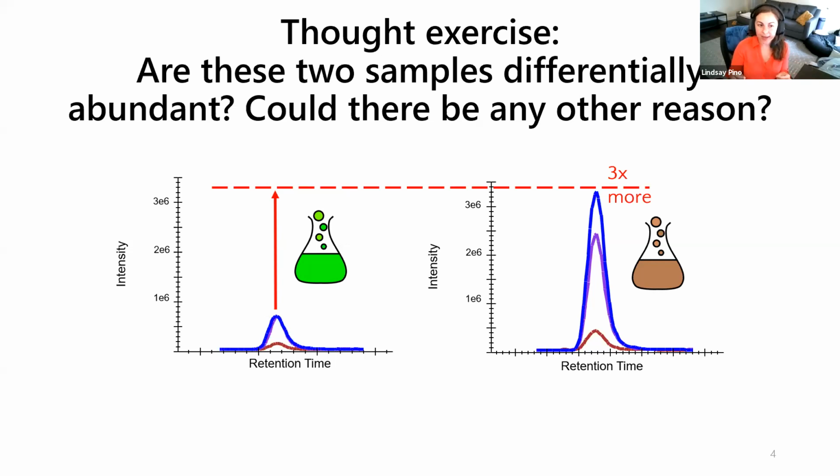So when I go to analyze my data, what I'd like to say is that these two samples are differentially abundant. However, could there be another reason we have different sized peaks from these two samples?